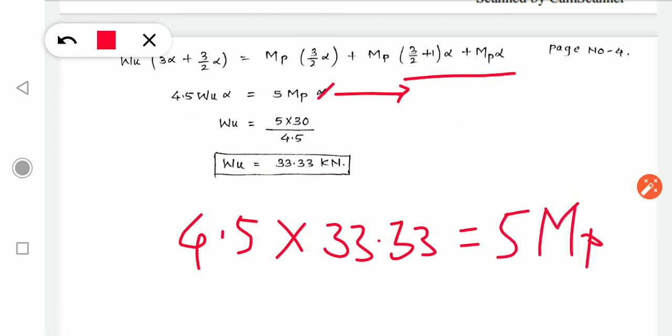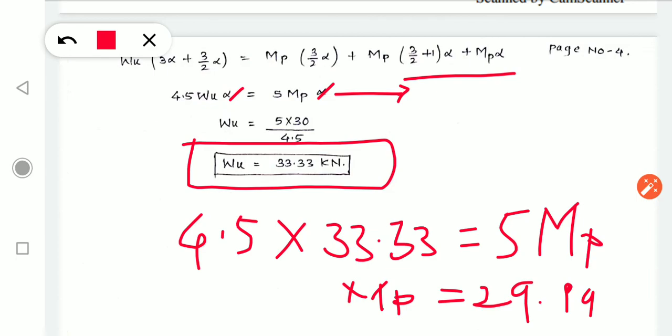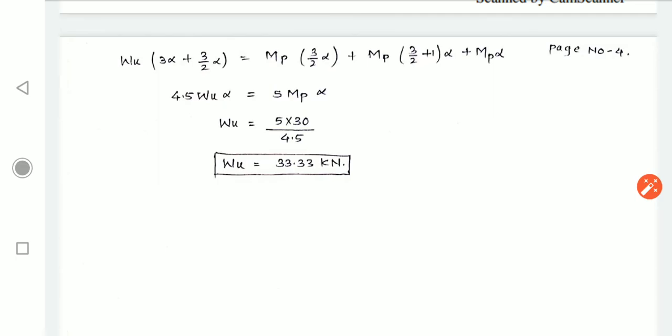Okay, and alpha gets cancelled from both sides. So you get MP from this calculation equal to 29.99. Therefore, the collapse load for the given beam will be 33.33.